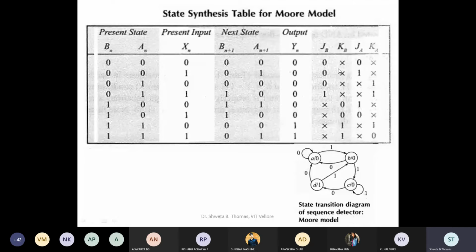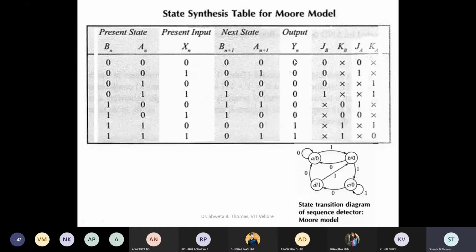Are you getting me, students? How to fill these entries? You understand? Any doubt, any confusion here? No? Okay. Since you have developed the state synthesis table, by using this present state and present input, you can find the value of output and the JB, KB flip-flop inputs with the help of K-map.